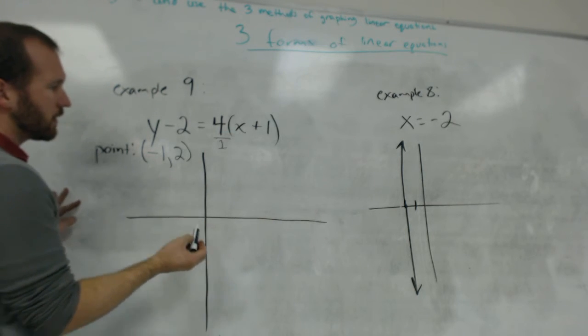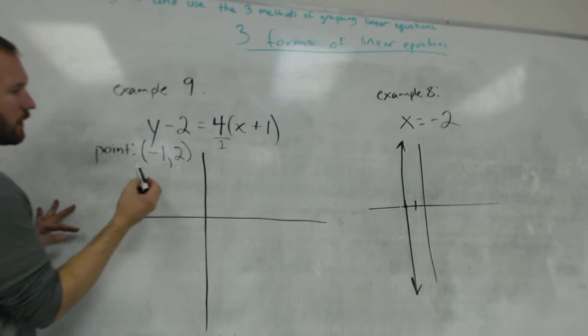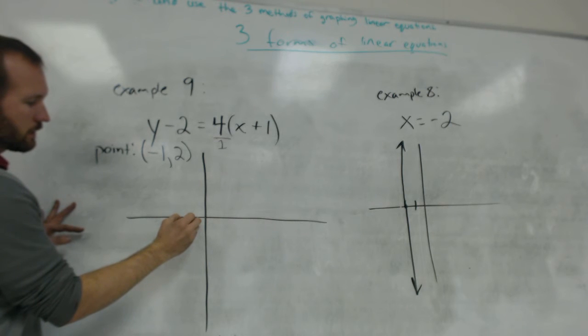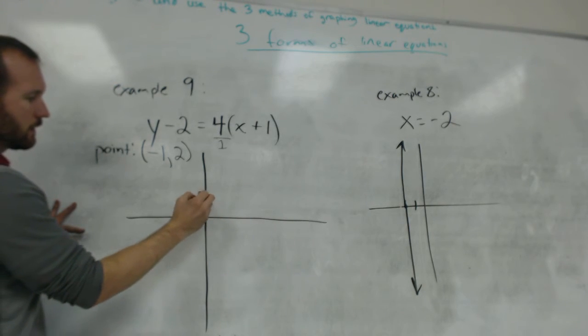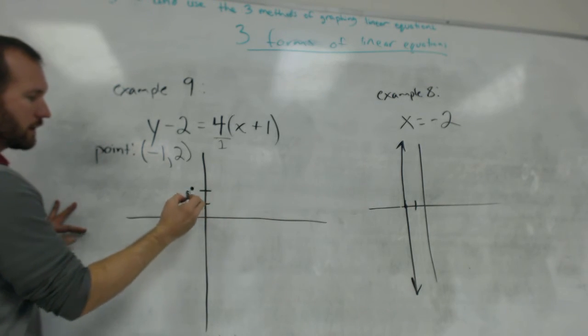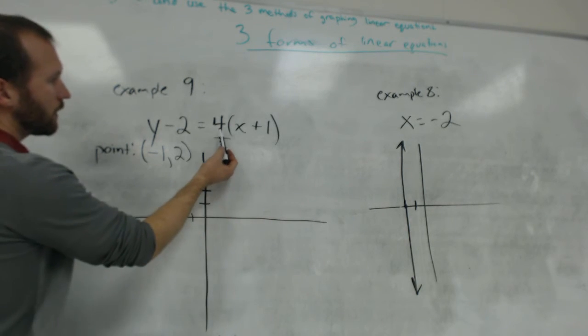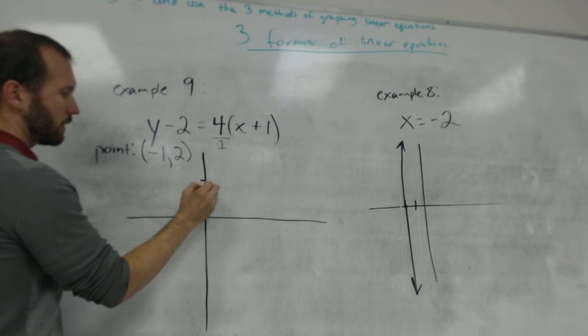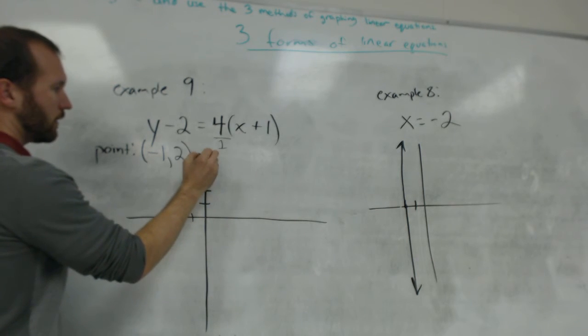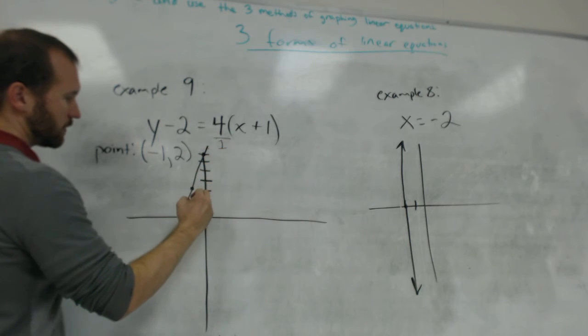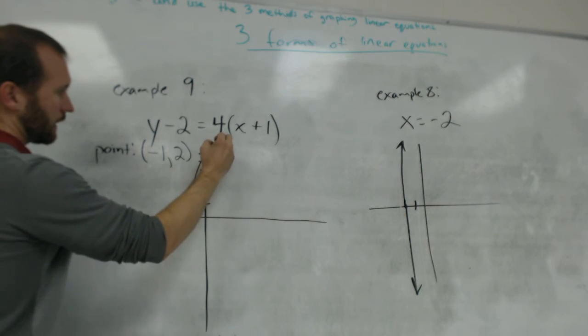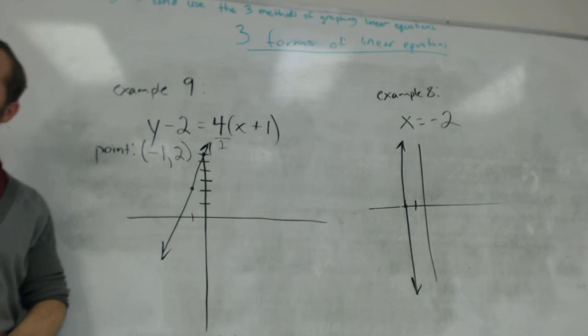Alright, so I'm going to graph my point, negative 1, comma 2. And then I'm going to go up 4 over 1. 2, 3, 4 over 1. And I have this steep line right there.